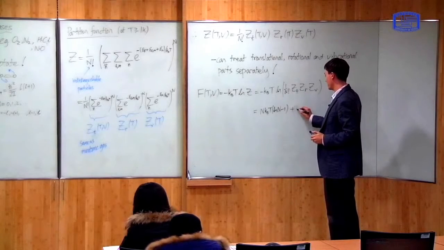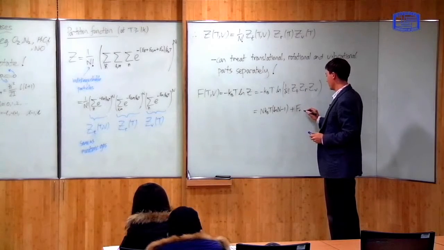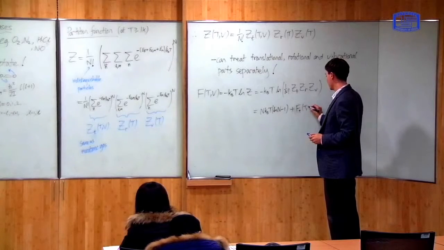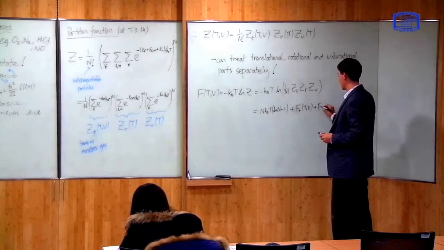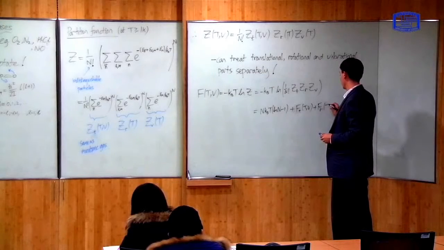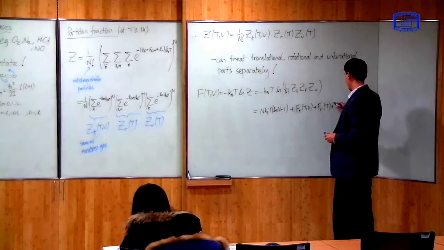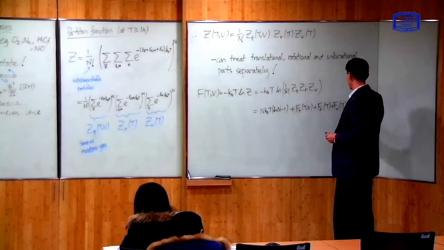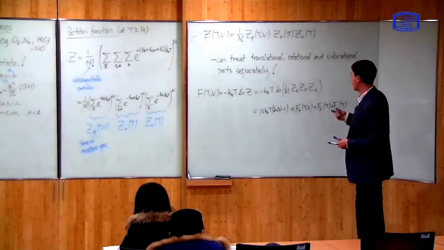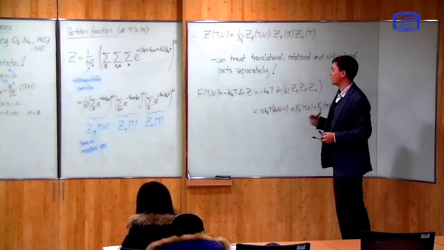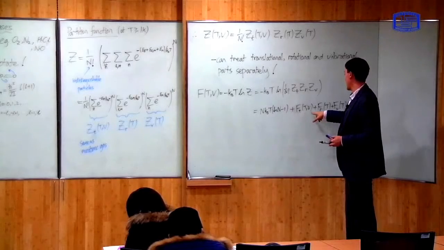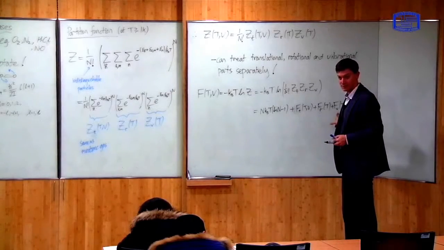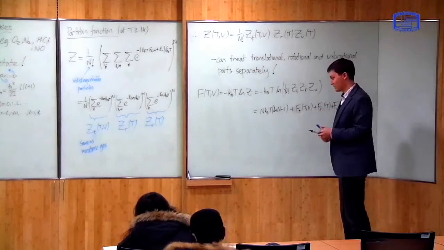So this also splits into a sum of translational, rotational, and vibrational parts. Okay? So the fact that the partition function is a product means that in the free energy I can just add the free energies together.